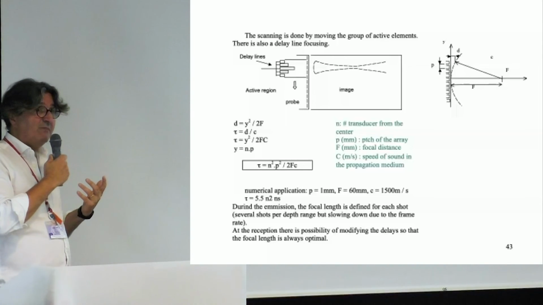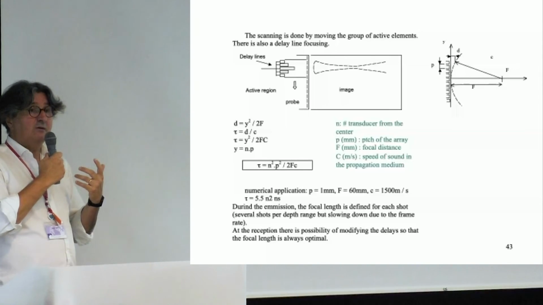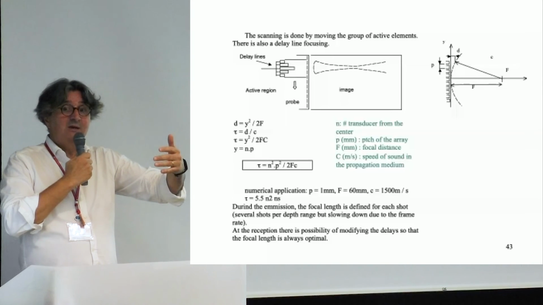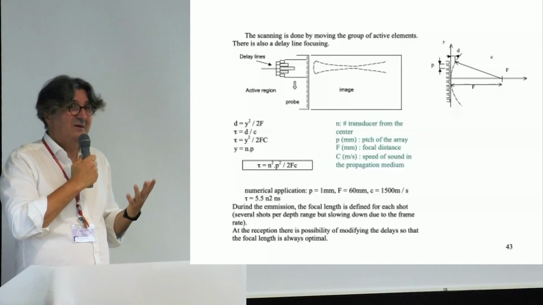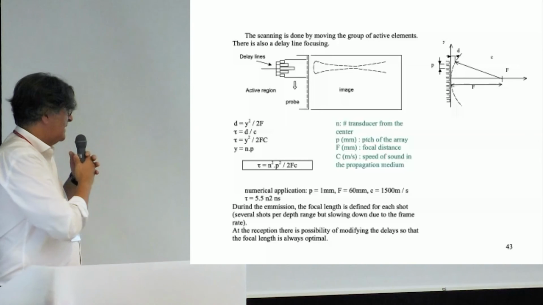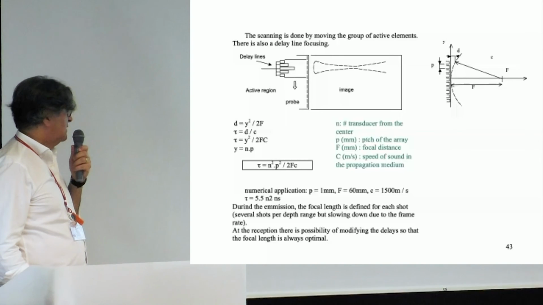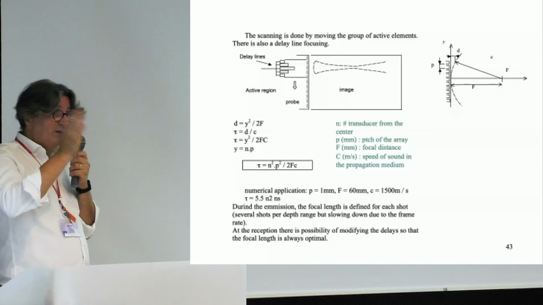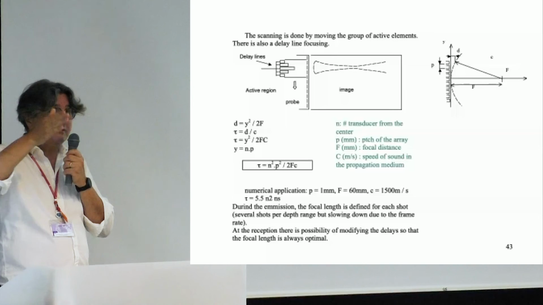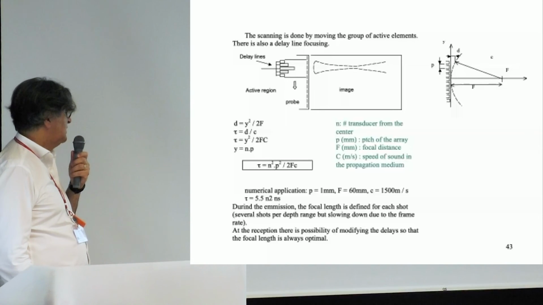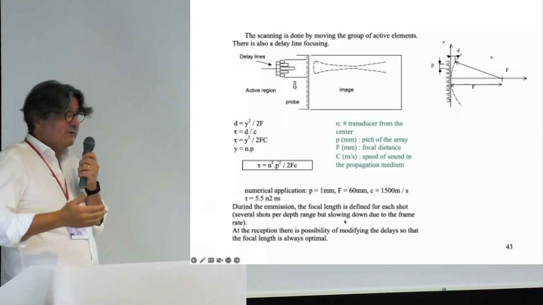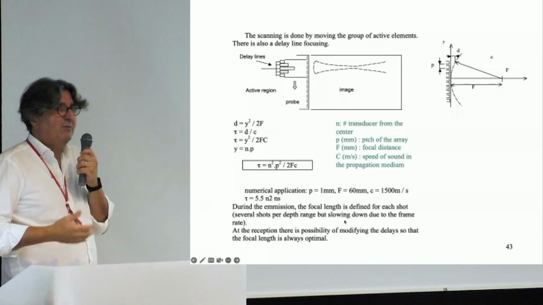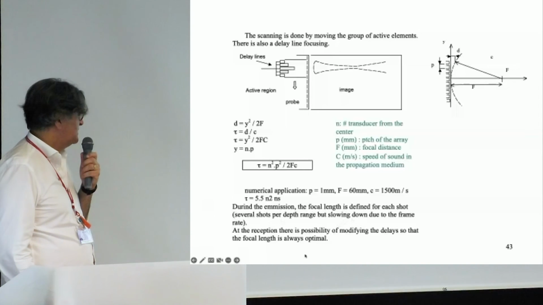So during this time, between 100 microseconds and 40 milliseconds, you have plenty of time to do several things. You can have multiple shots, and during these multiple shots, you can vary the depth. Of course, this will slow your system, but now you can manage this.